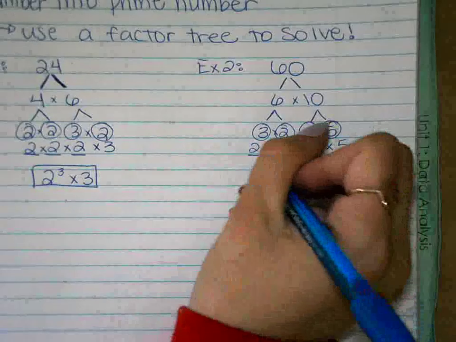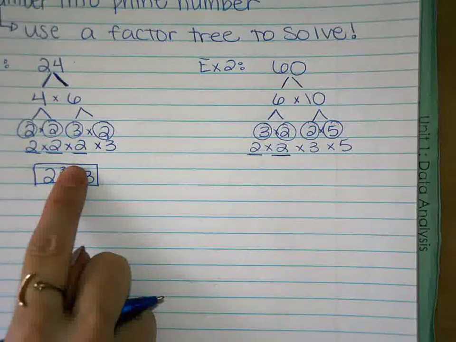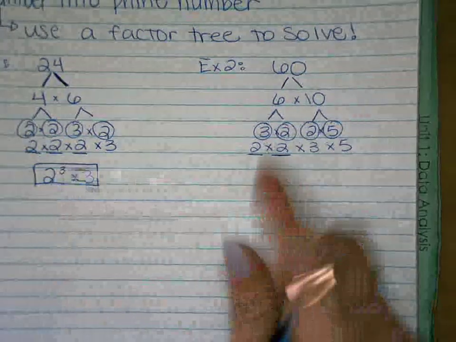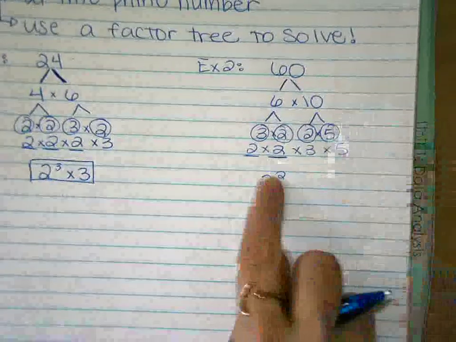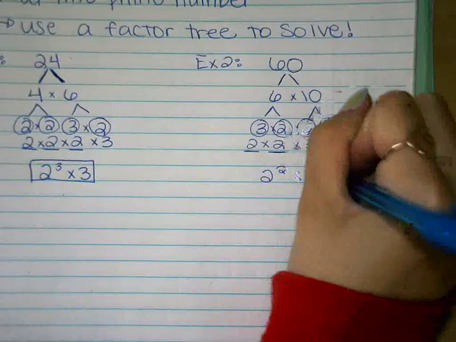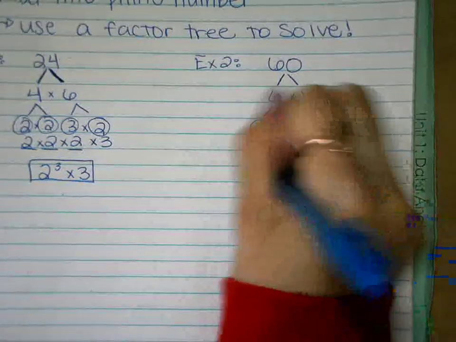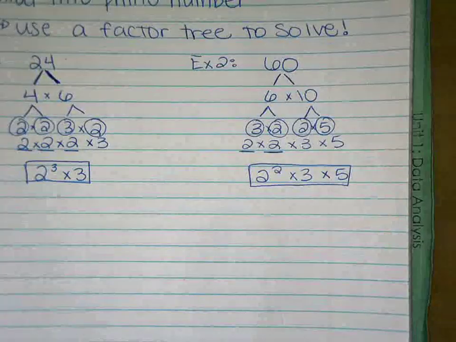And I have 2 2's. So just like over here, we wrote 2 to the third because there are 3 2's, I'm going to write 2 to the second because there are 2 2's. Then I will write times 3 and times 5. And that is my answer.